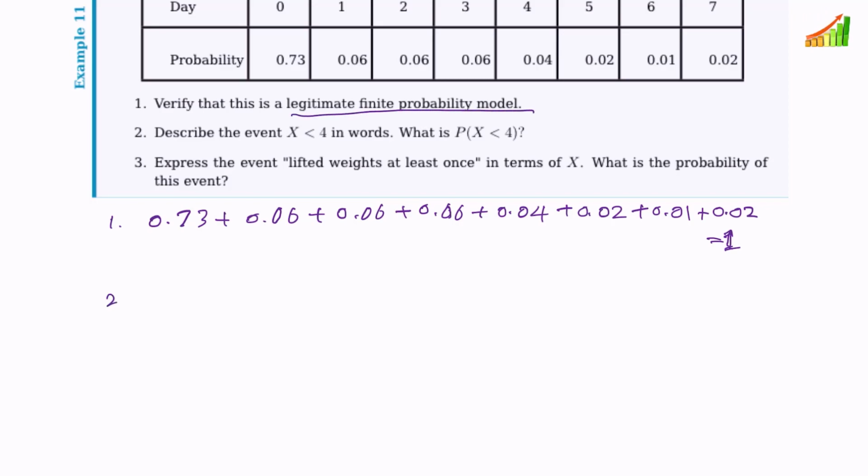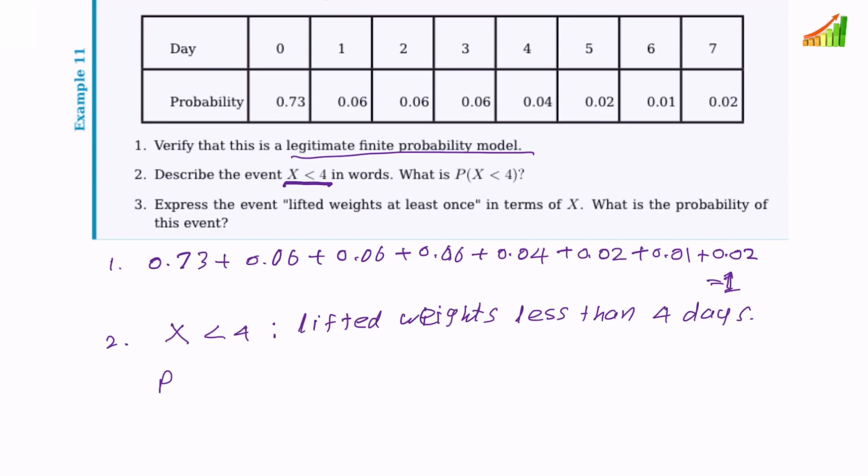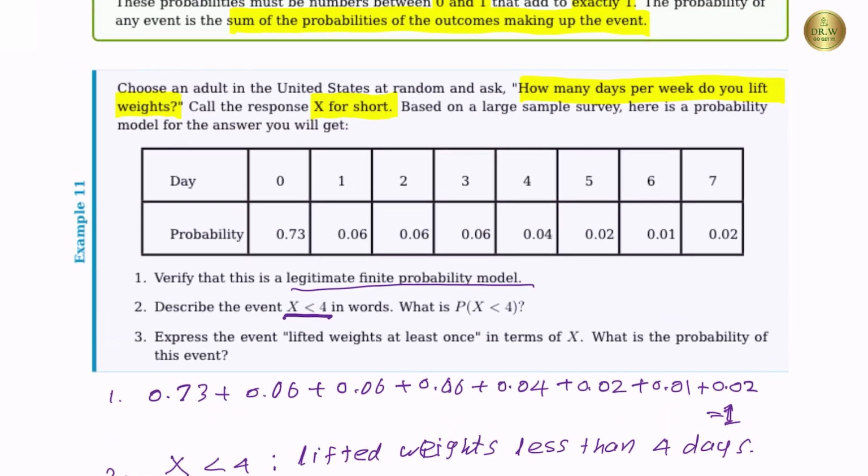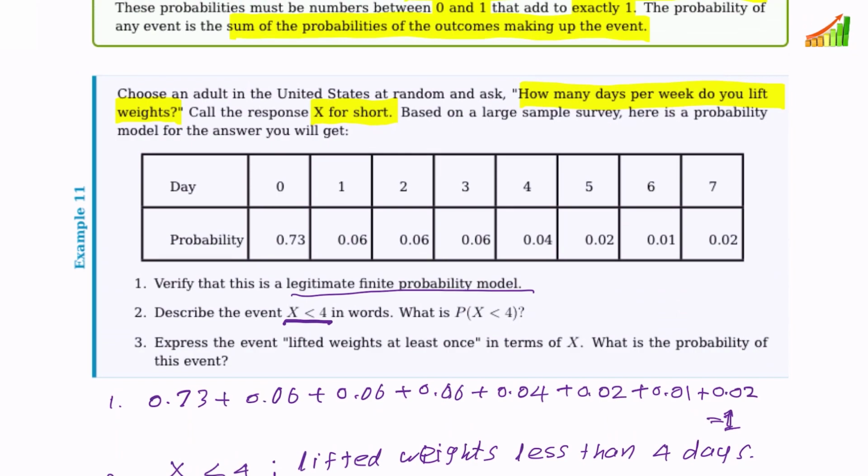Then second, describe the event X less than 4. For X less than 4, how do we describe this event? We can say lifted weights fewer than 4 days. Next, asking the probability X less than 4. Go back to the note. How do we find the probability?